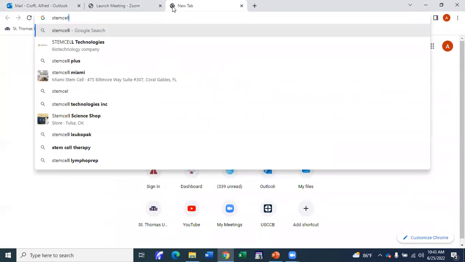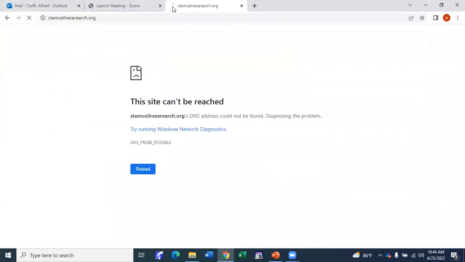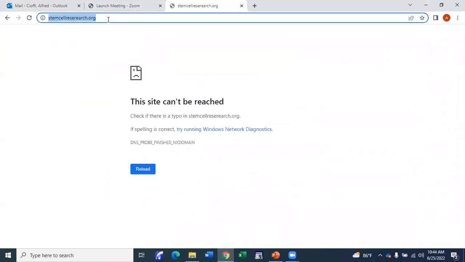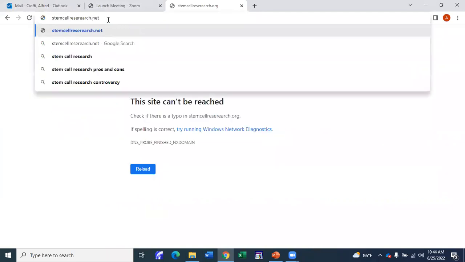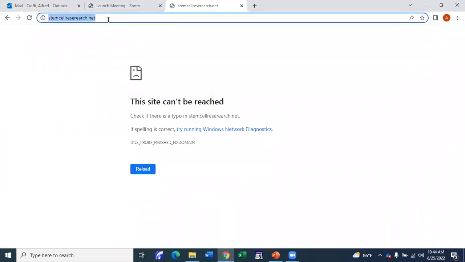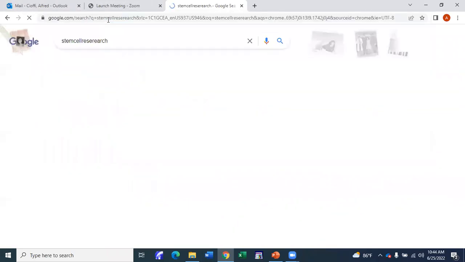Stem cell research. I think it was .org or .com, maybe .net. So research, let's do that.